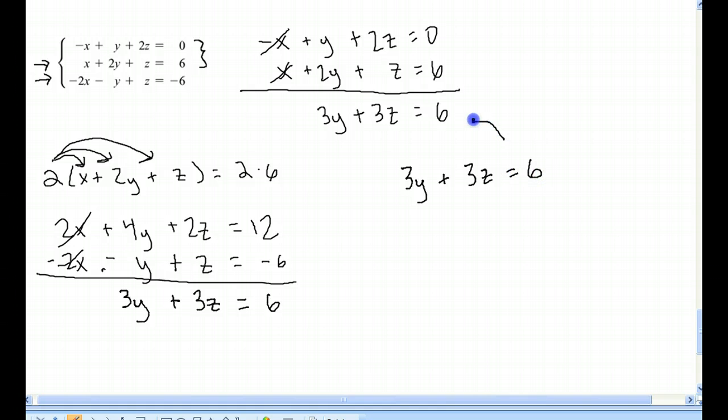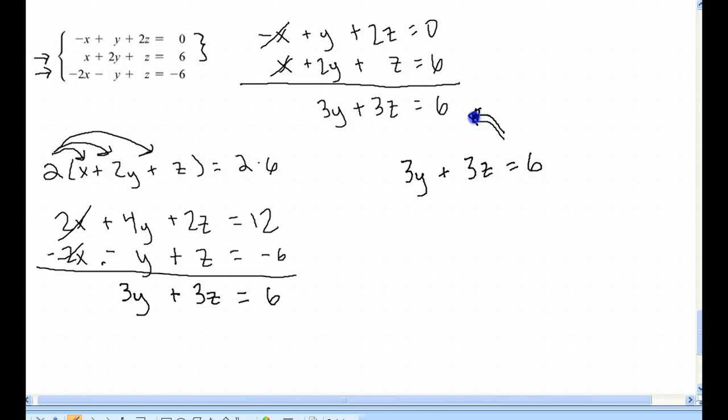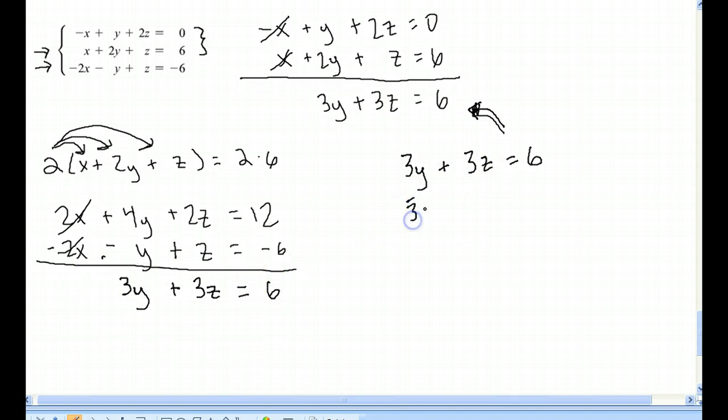So this 3y plus 3z equals 6 is coming from this one right here. And then I've got another one identical to that right here, 3y plus 3z equals 6.